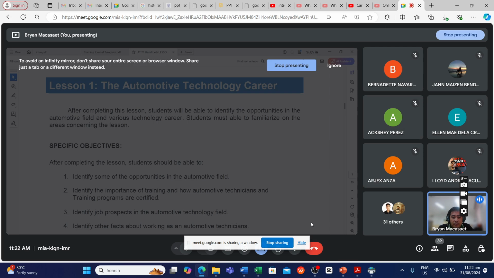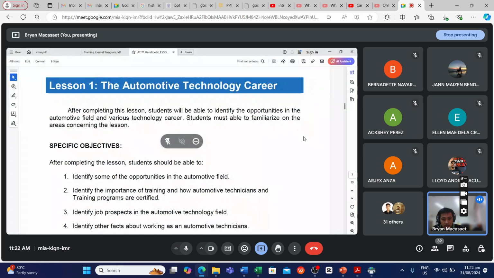Dun sa previous discussions, nakita natin yung area o yung components ng isang sasakyan at kung paano siya nabuo at paano siya nagka-design. So, in lesson number 2, ignore nyo lang yung number. Mali yung number 1 pa nakalagay dyan.